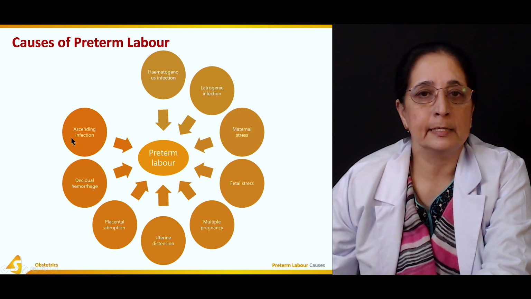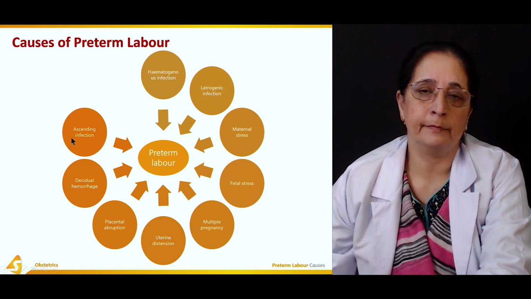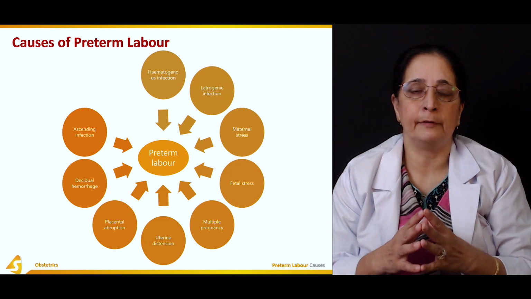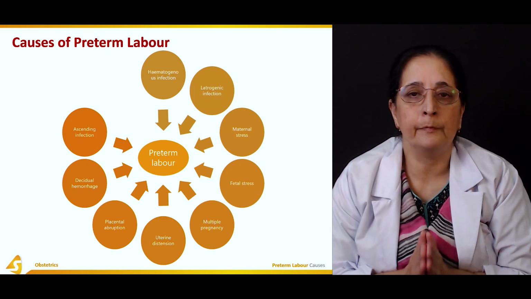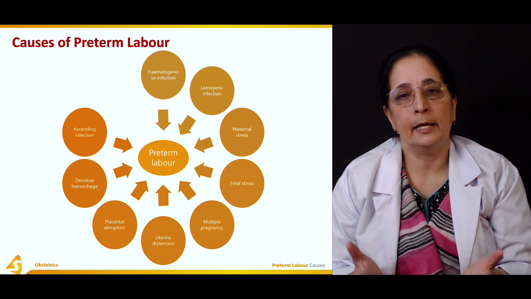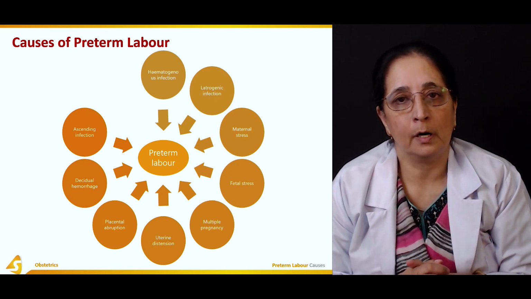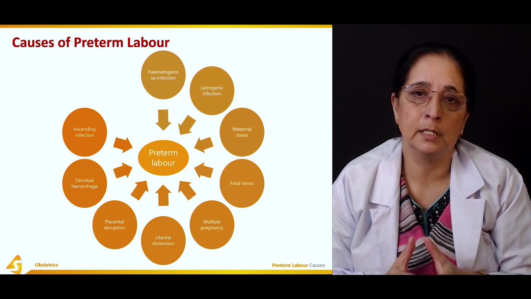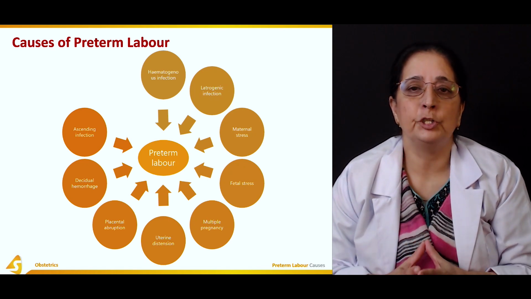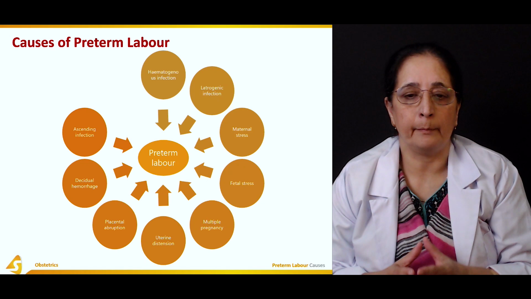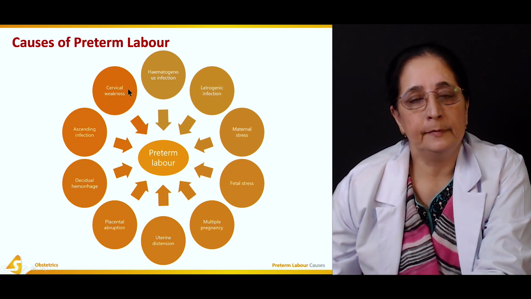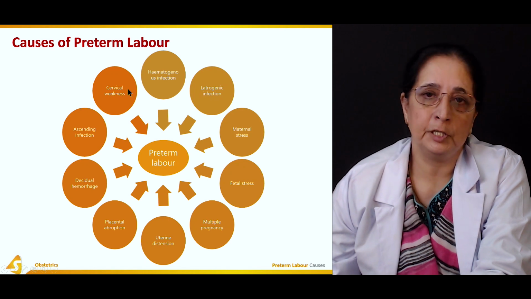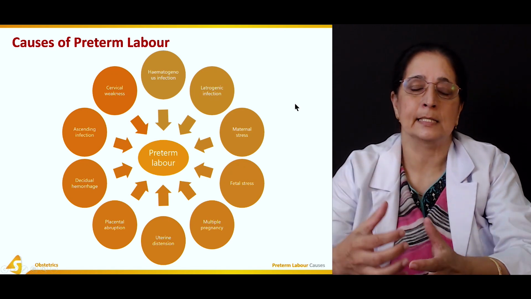And then we have ascending infections. Ascending infections are the infections that can ascend up from the cervix and infect the different parts of the reproductive organs and cause premature rupture of the membrane. Then we have another condition, which is cervical weakness.